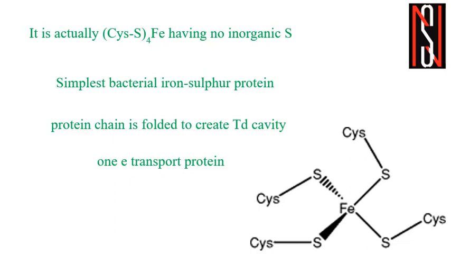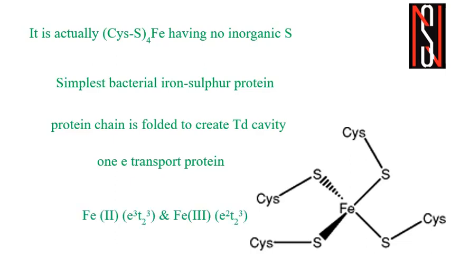Also, the iron binds with sulfur, and sulfur is a weak field ligand. Because of these two reasons the overall splitting will be less compared to octahedral splitting, and hence it results in a high spin tetrahedral geometry.